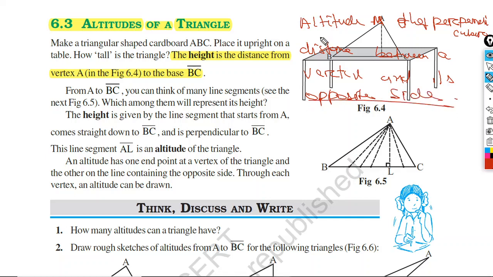Okay? So what is altitude? Altitude is the perpendicular distance between a vertex and its opposite side. Okay, so this is the definition of altitude. Please write it down.